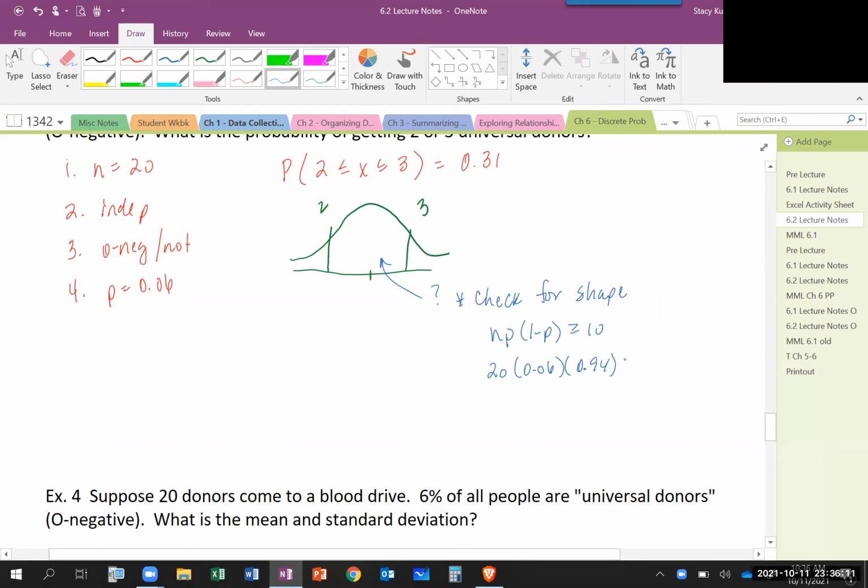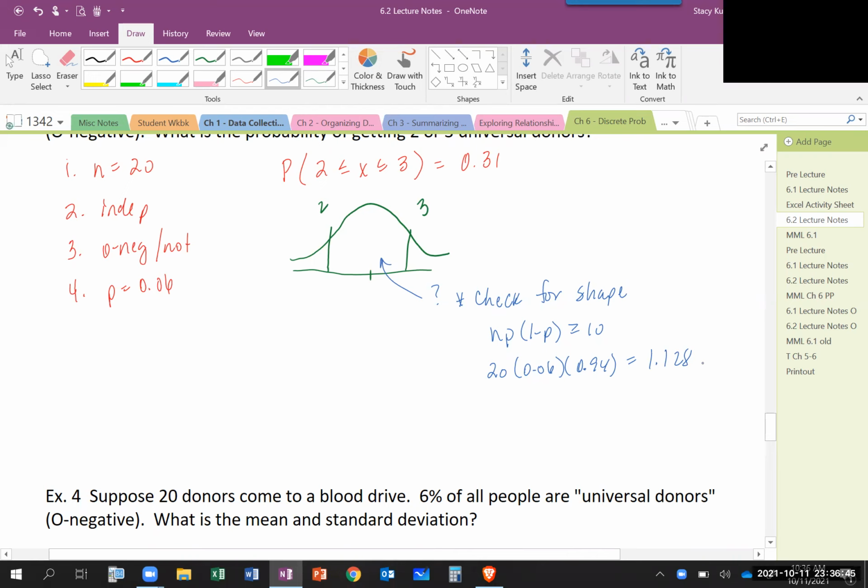What does that equal? 1.128. That's much less. That's not even close to being greater than 10, is it? Is 1 greater than 10?